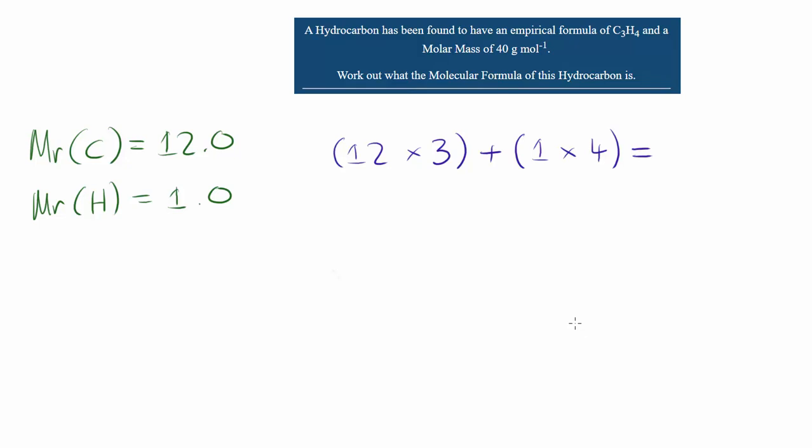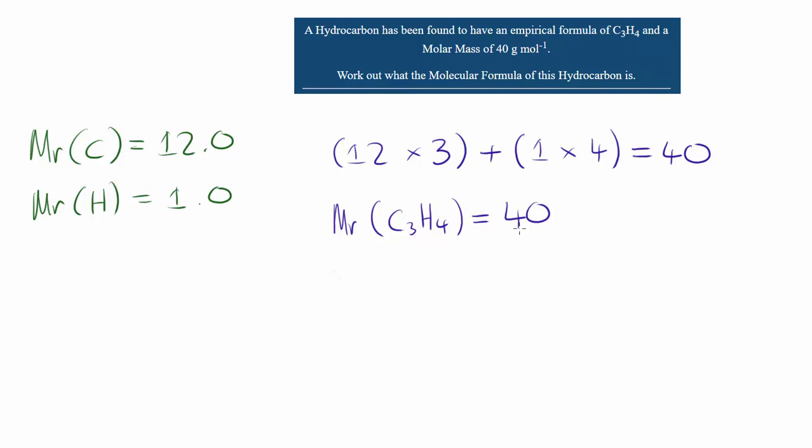Now, if you work that out, you're going to find that your answer is 40, right? And so because it's 40, what we can say is that the MR of our empirical formula, C₃H₄, is equal to 40, right?